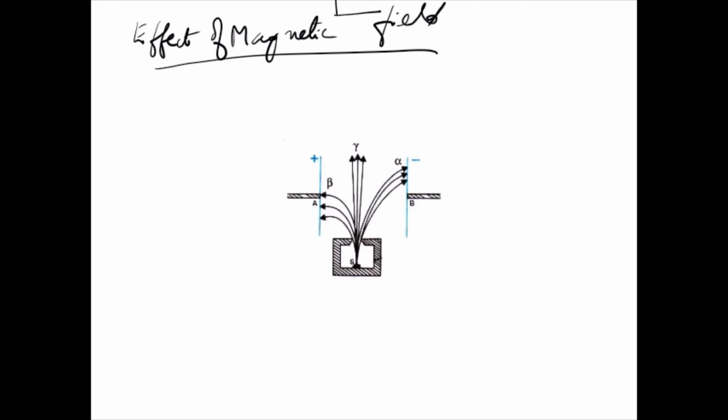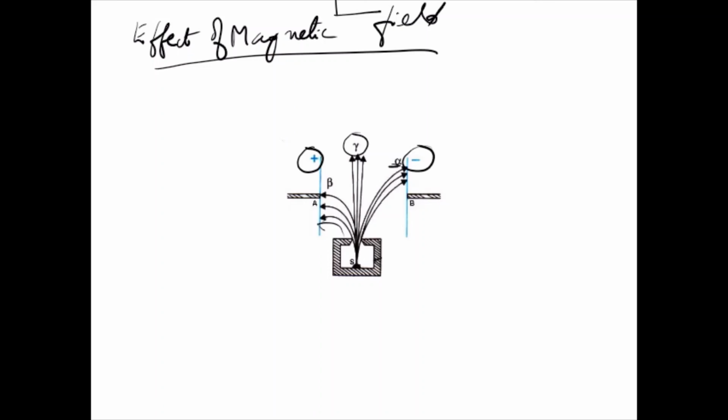This positive and negative indicate an electric field with positive and negative plates. Those which turn towards the positive plate must be negatively charged because opposite charges attract. So they are the beta particles. Those which turn towards the negative plate must be positively charged. So they are the alpha particles. And those which go undeviated are the gamma radiations. So these are the three types of radiations.